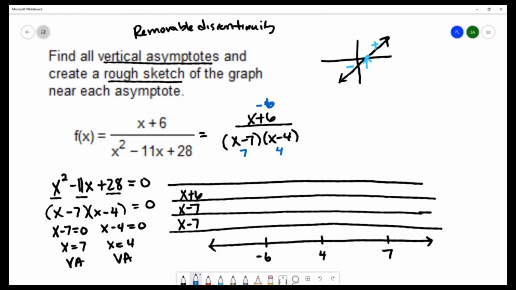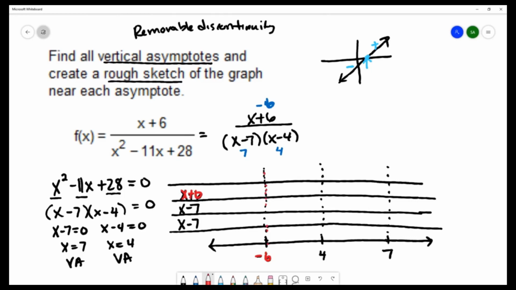So let me draw little vertical dashed lines on all of these numbers to separate out my number line. And for this factor of x plus 6, it has a 0 of negative 6, and it will change signs over that value.